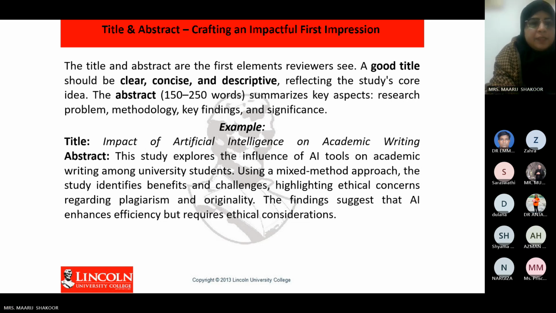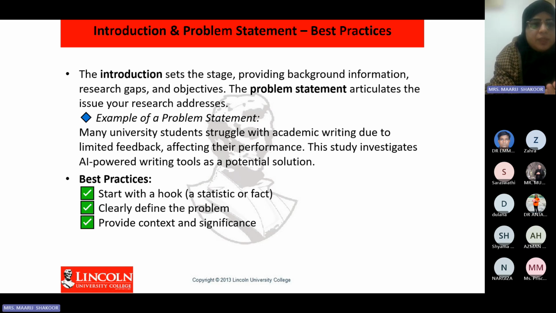Okay, introduction and problem statement. The introduction sets the stage, providing background information, research gaps, objectives. The problem statement articulates the issue your research addresses. An example: many university students struggle with academic writing due to limited feedback, affecting their performance.